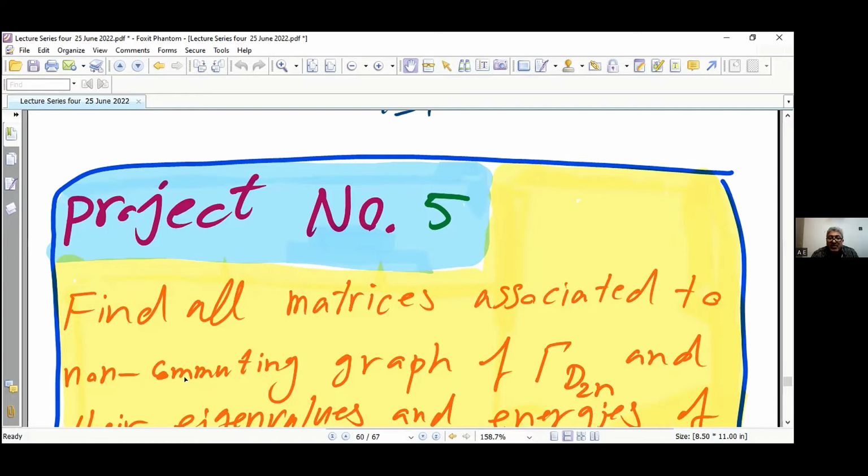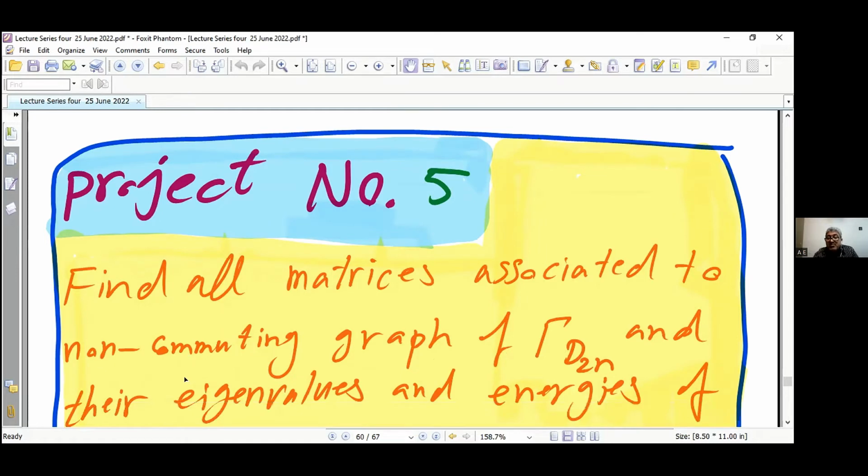For project number 5, find all such matrices for the non-commuting graph of the dihedral group of order 2 times n.